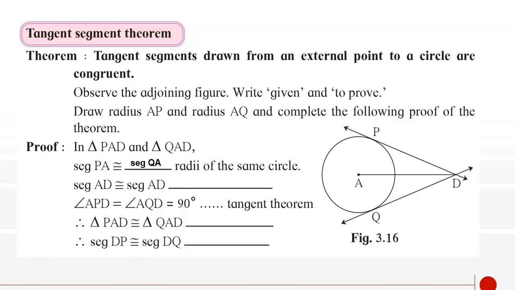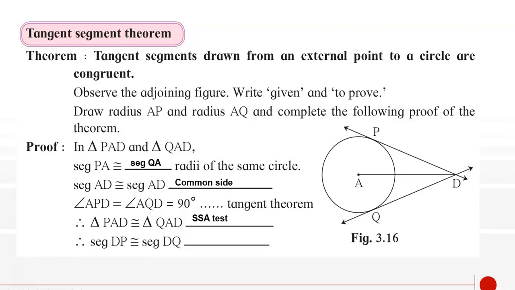Then we have segment AD congruent to segment AD because that's the common side, and angle APD and angle QAD are 90 degrees. In the previous video, we discussed how this is 90 degrees with the help of the tangent theorem.